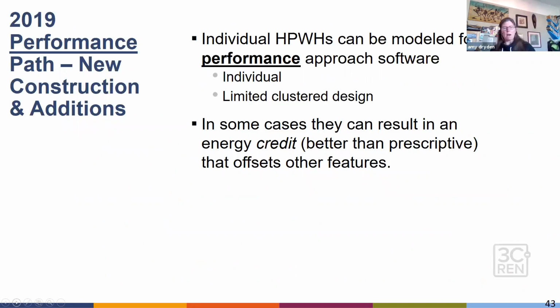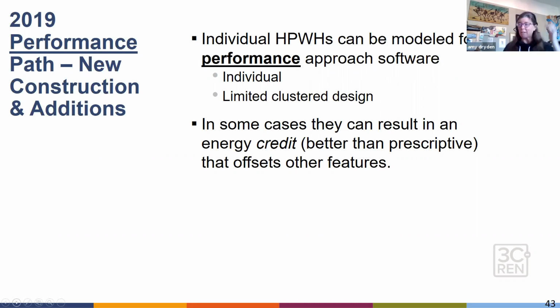So we have the foundation of mandatory requirements. Let's talk about what is required for heat pump water heaters. As I mentioned, the performance pathway: if I'm doing my model to show compliance with the energy code, which again is really new construction, maybe additions but rarely, I can do any heat pump water heater in there.